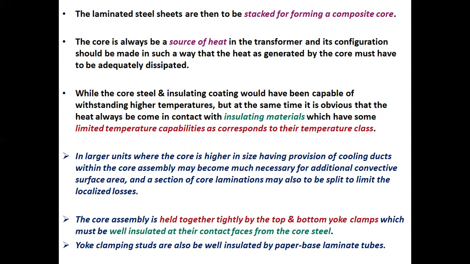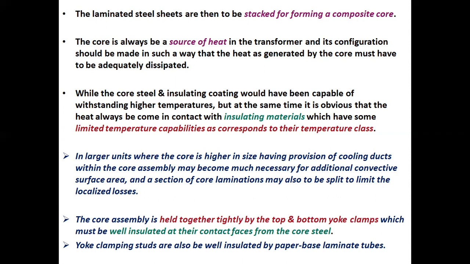In larger units, where the core is higher in size, provision of cooling ducts within the core assembly may become necessary for additional convective surface area, and a section of core laminations may also be split to limit the localized losses.